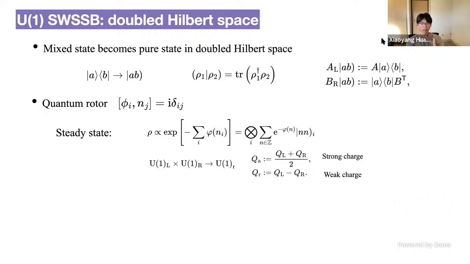You can show that this state actually breaks the left and right U1 symmetries, but it preserves the diagonal part of this U1 cross U1 group symmetry.